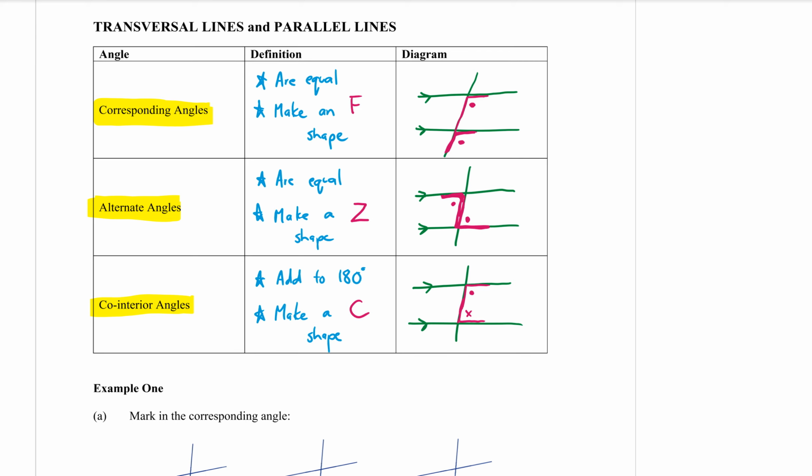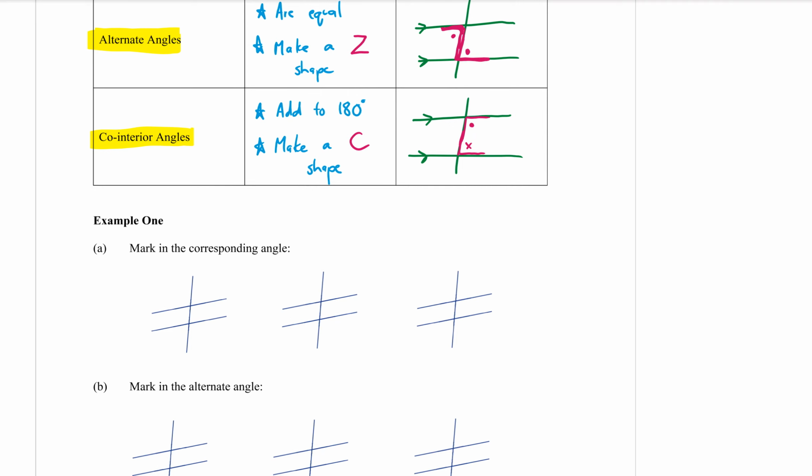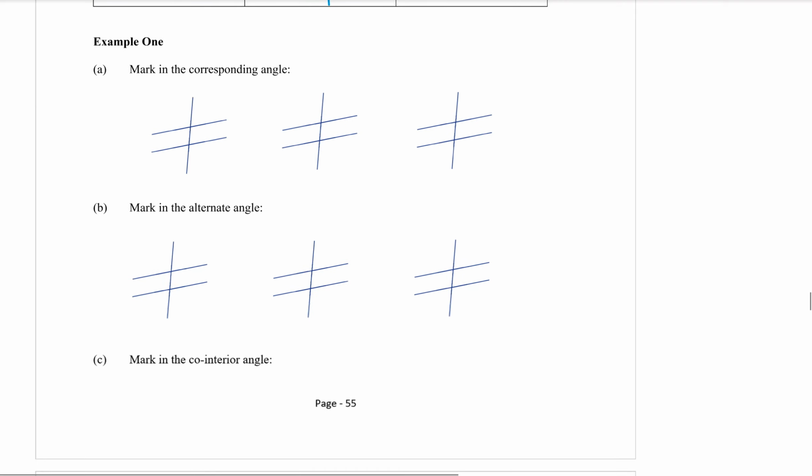So, first of all, before we start trying to find any pronumerals, we want to just practice identifying the different types of angles. So we're going to start with corresponding angles. Example 1 here says, mark the corresponding angles. Now we have three different sets of parallel lines here to practice doing it in different ways.